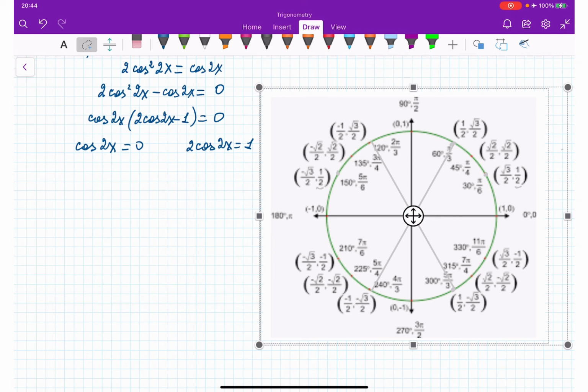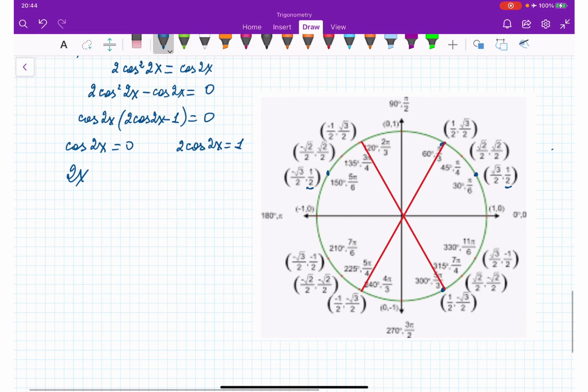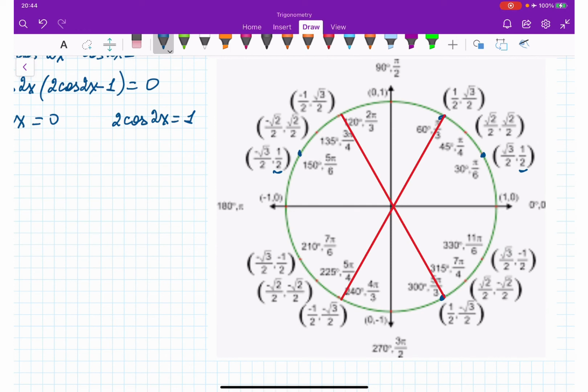Now from here, 2x is equal... Okay, where do we have cosine equals 0? It's gonna be half a pi at this point, right?